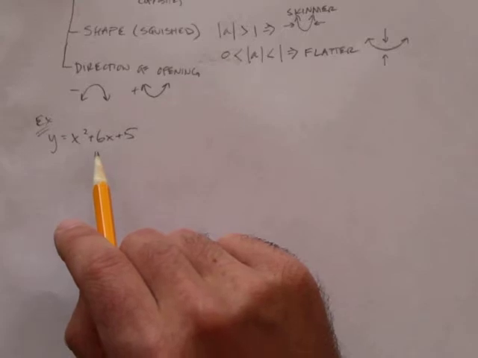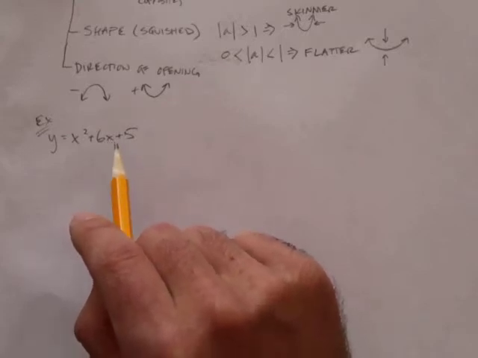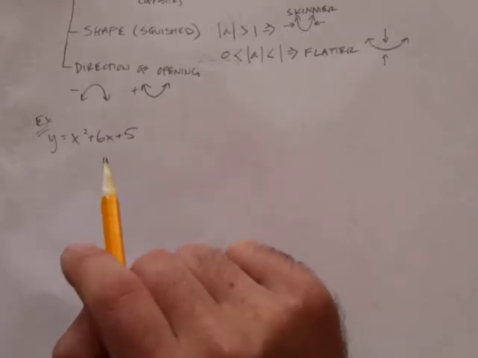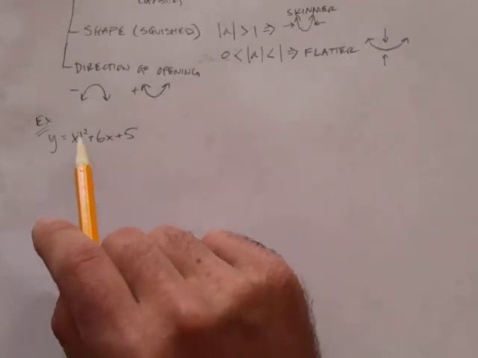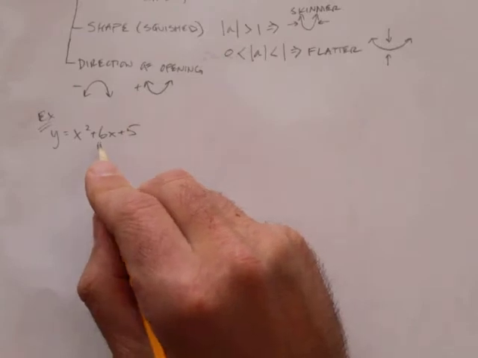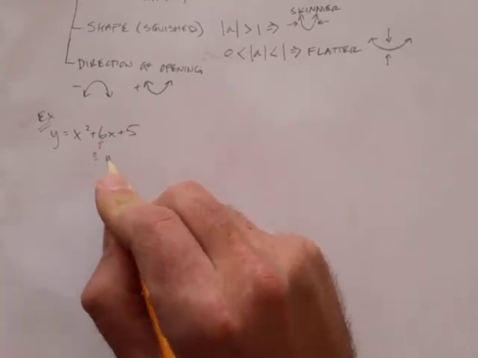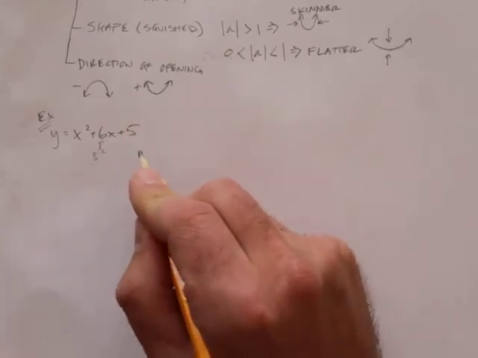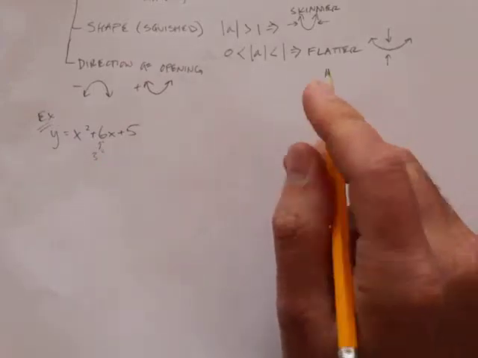And the way we do this is we need to complete the square. So if you remember, we say what's half of this, which is 3, and then you square that, and that's what you add to both sides.